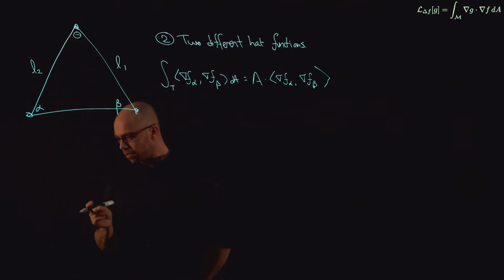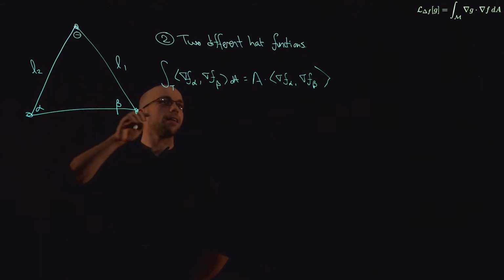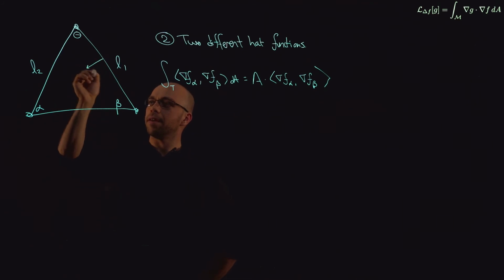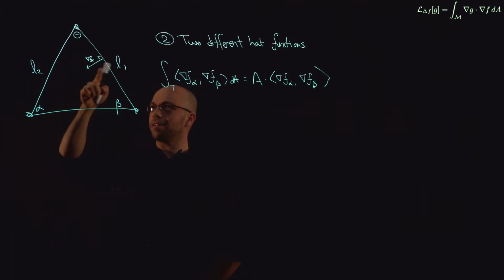Okay, so first of all, what are the gradients here? The gradient of F alpha is going to look like this. So this is the gradient of F alpha, because it's perpendicular to the opposite edge. That's what we showed before.